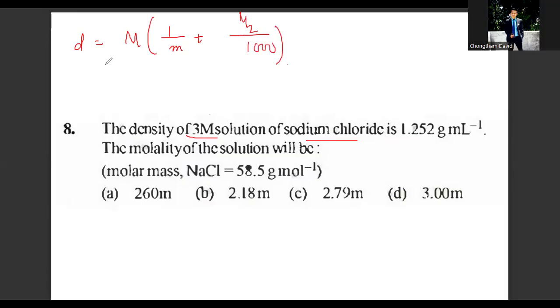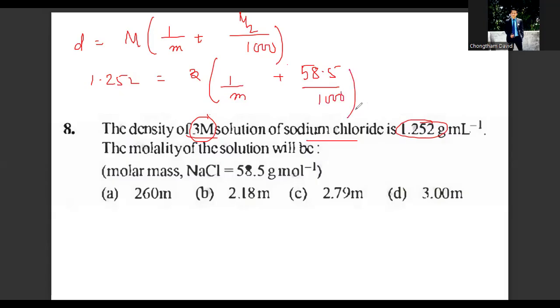So on putting this value, you have 1.252 as given in the question. This is the density equals 3 molar concentration times 1 by molality. We haven't got the value of this, so just put it as it is. And 58.5 is the molar weight of the solid divided by 1000.